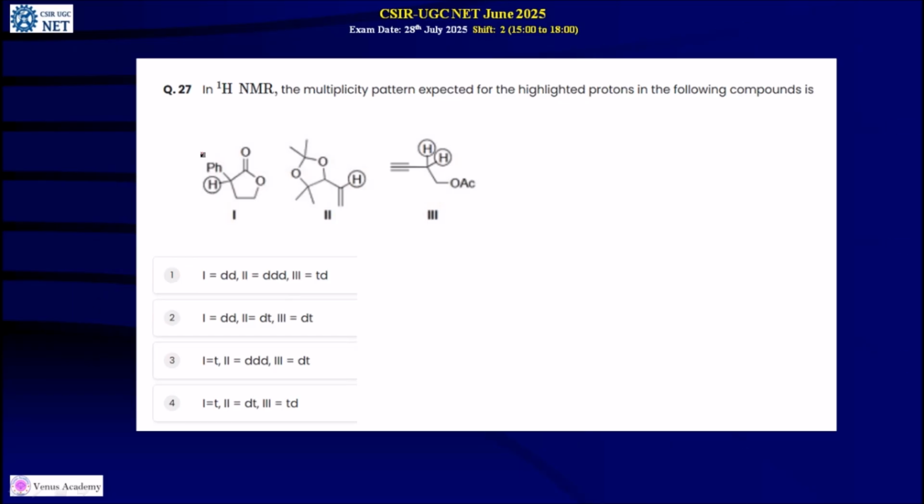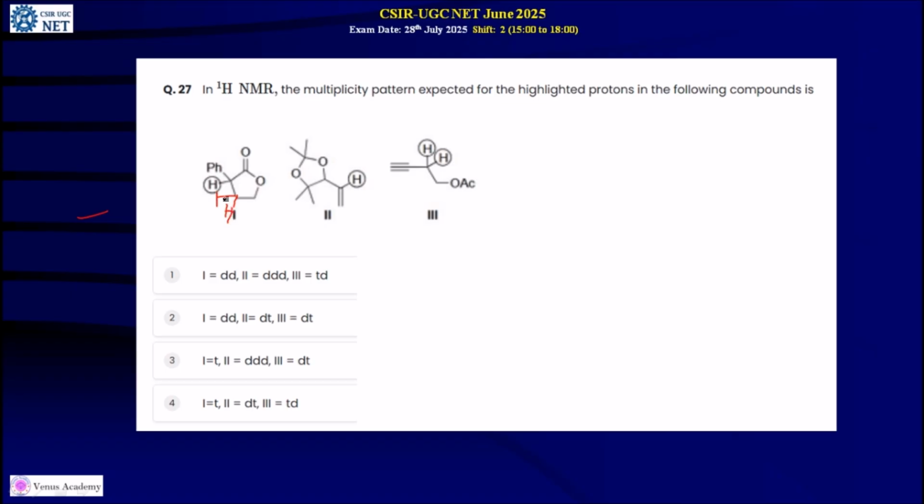Yes, in proton NMR, the multiplicity pattern expected for the highlighted protons in the following compounds is. So this is one proton. It is a chiral proton. That means it is going to couple with these two protons, alpha or adjacent to this proton.